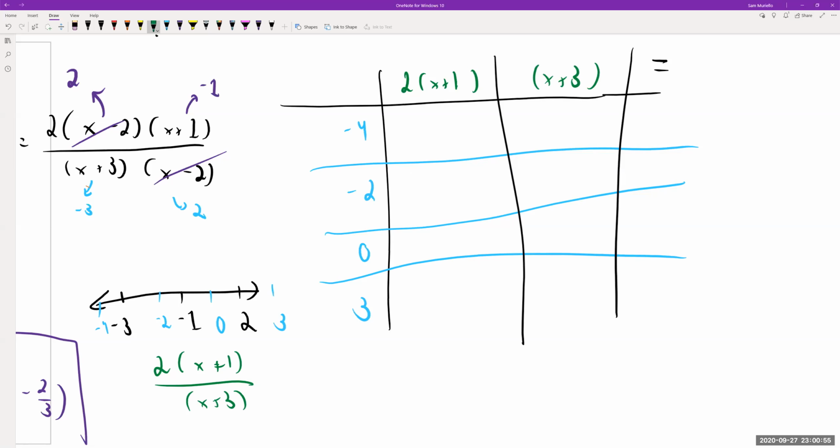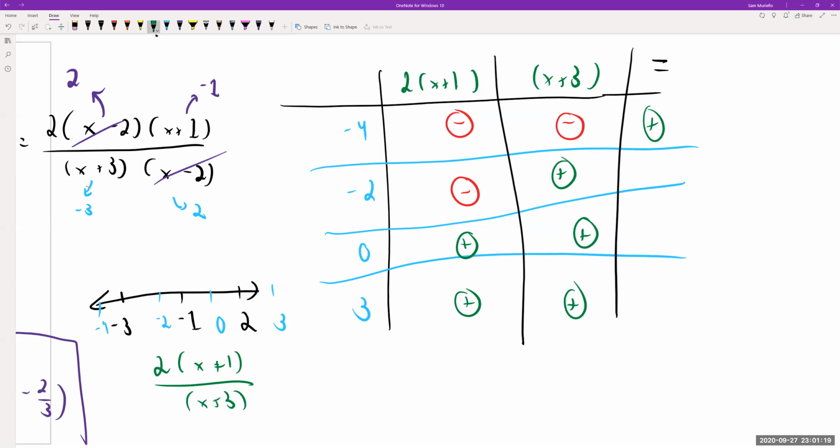In this case, negative 4 will make negatives here and here. Negative 2 will actually let this one be positive, but this one will be negative. And then once I get to 0, both of them will be positive ever after.